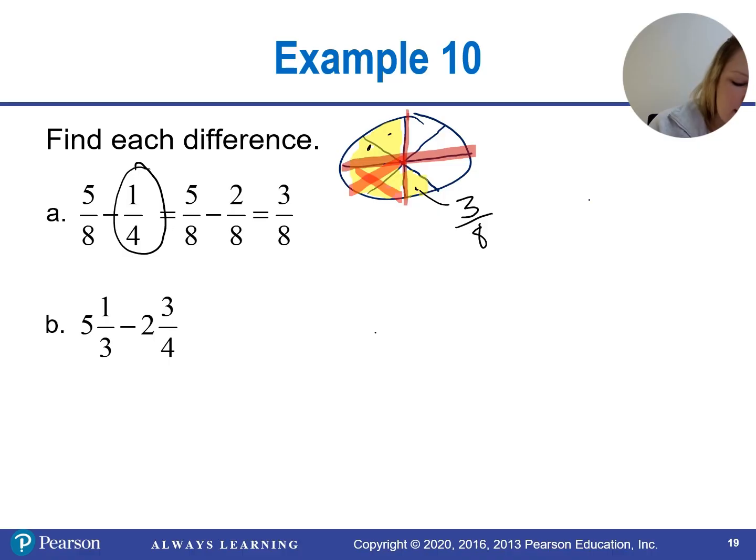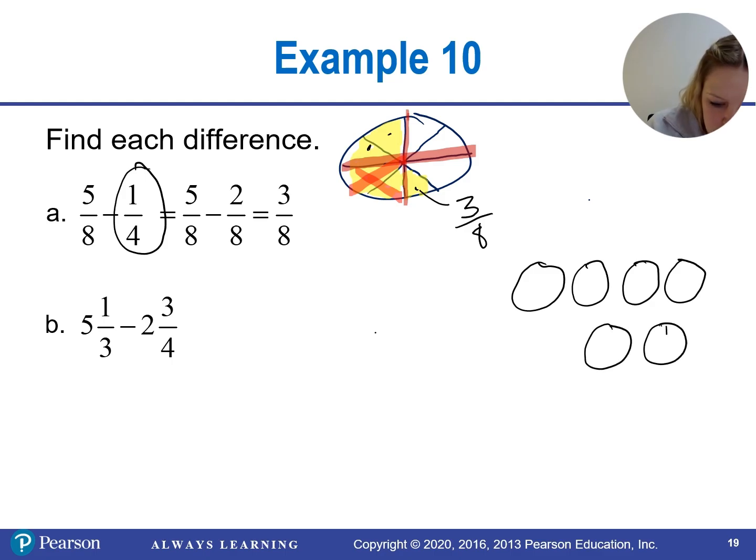So I like to think of it as if I have 5 wholes and 1/3, and I'm subtracting 2 3/4.